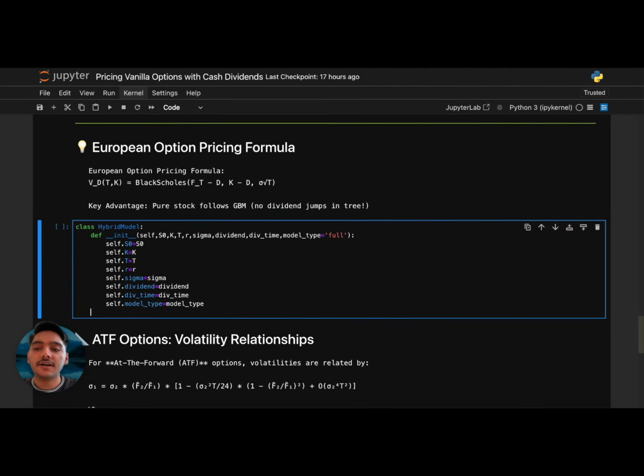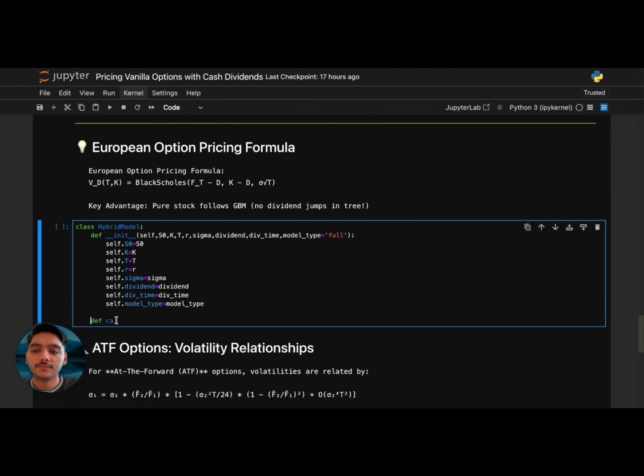Now let's define the function def calculate_dividend_shift, self, T_option.